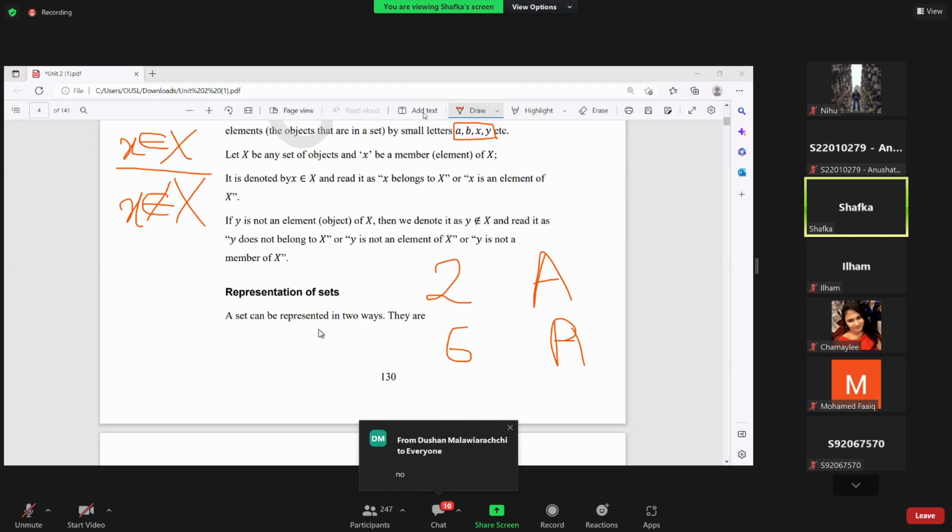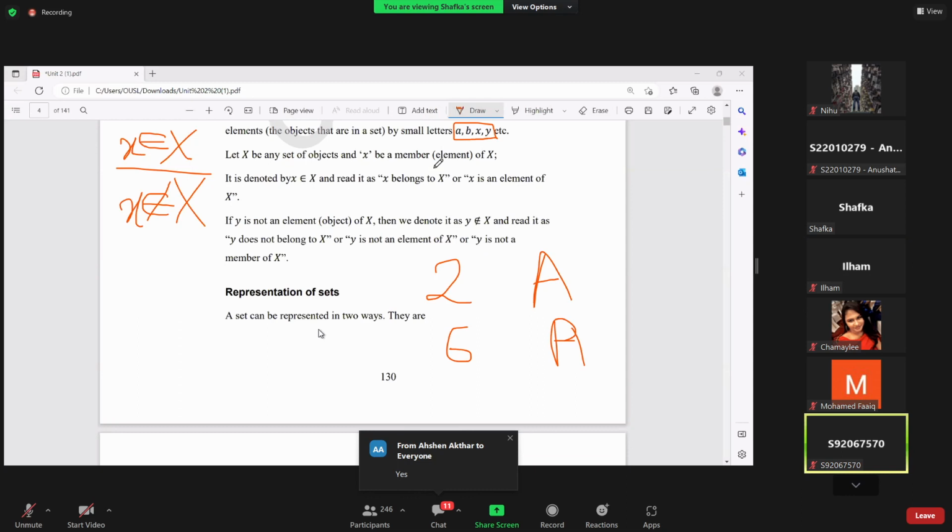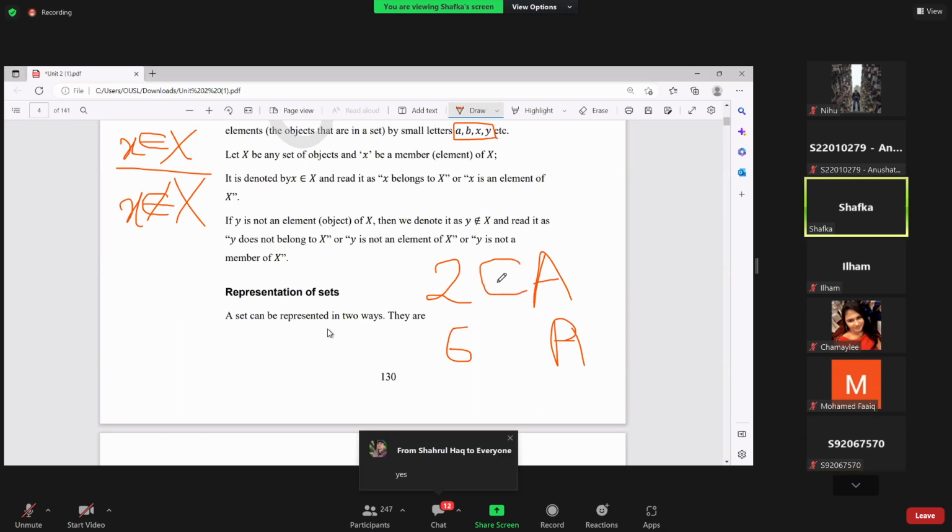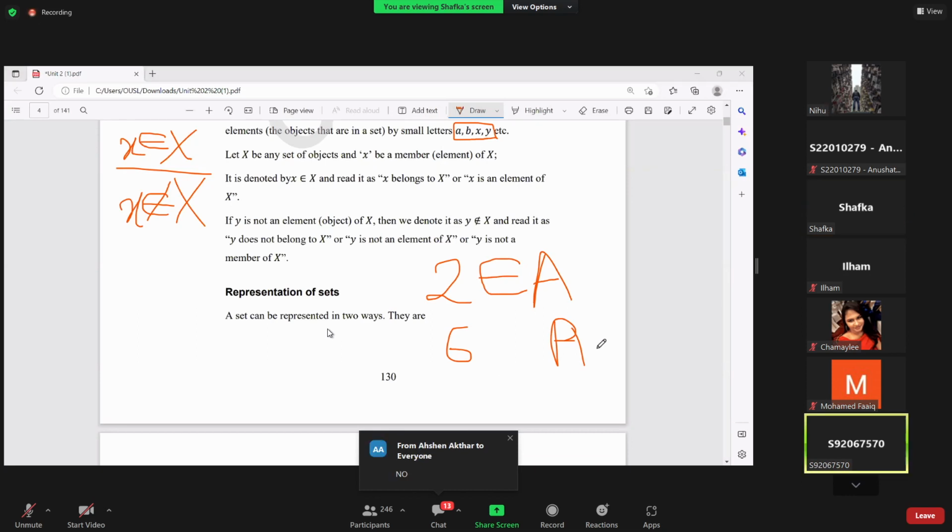Yes. Is it an element in capital A? Yes. Yes. So we have to represent it by using this symbol. Okay. What about the second one? That's not an element. Why? Why is that?